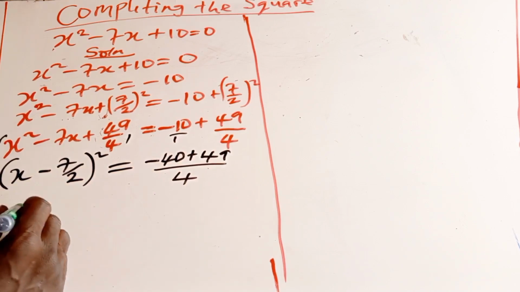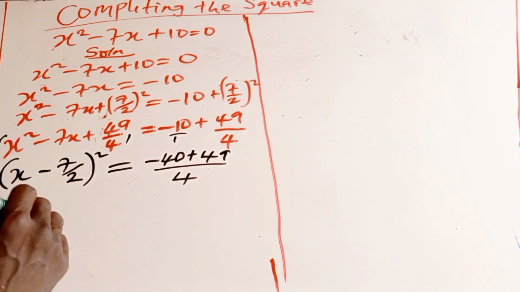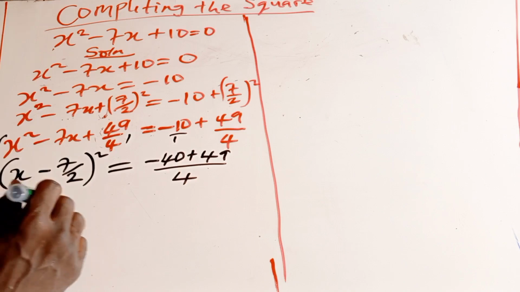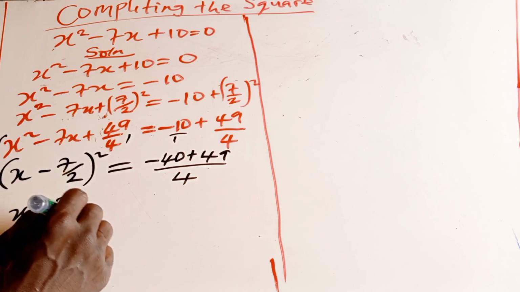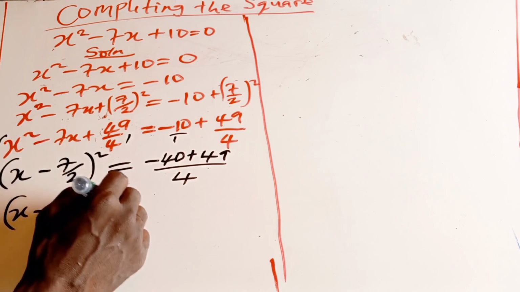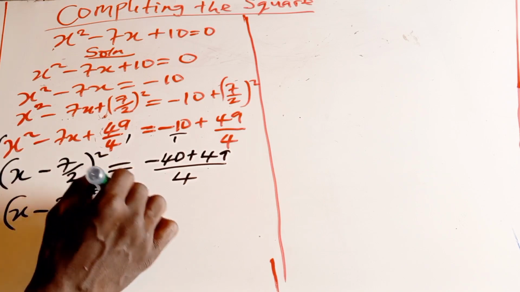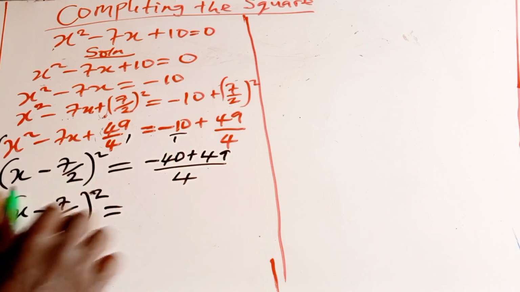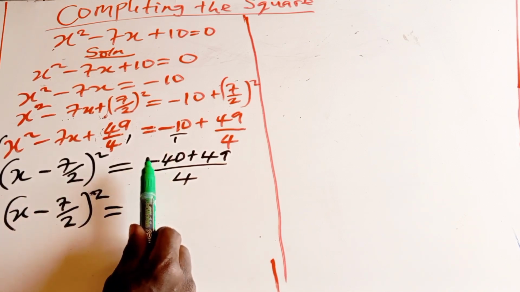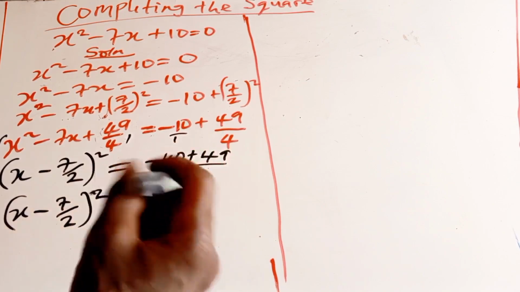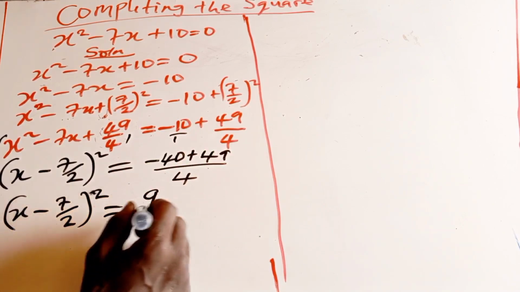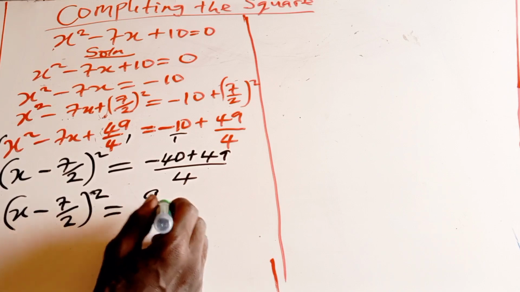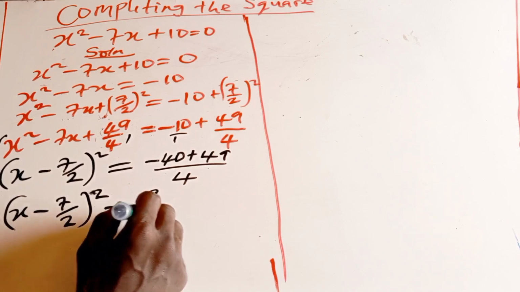Then the next thing to do, you can simplify again by saying here you have x minus 7 over 2 all squared is equal to minus 40 plus 49. This is equal to 9 over 4.